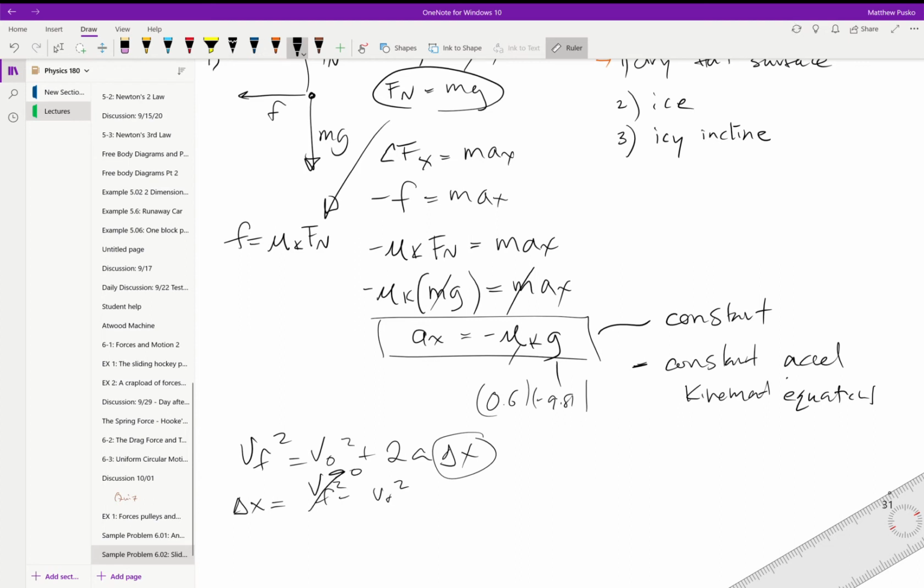V final will go to 0 because they want to know when it comes to a stop. We have the acceleration right there, so put in minus mu k times gravity. So on a dry surface, we can calculate this to be about 8.5 meters. That's how far it took to slam on the brakes and come to a stop.